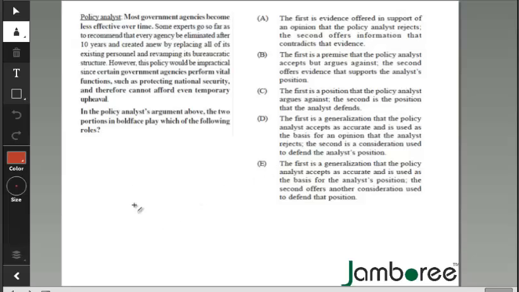Let's do this first. Read very carefully, read the paragraph, right?